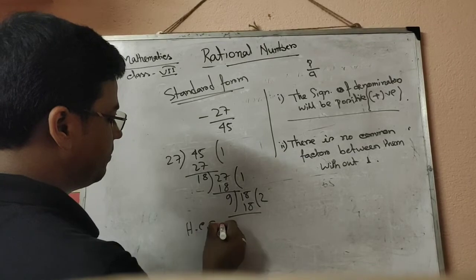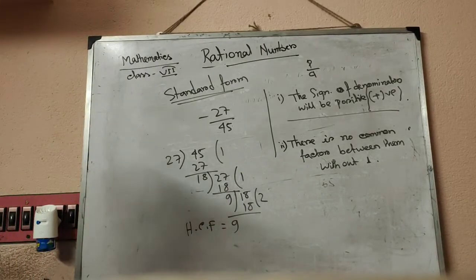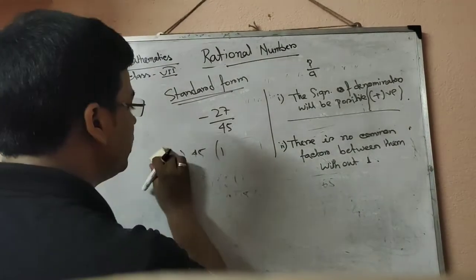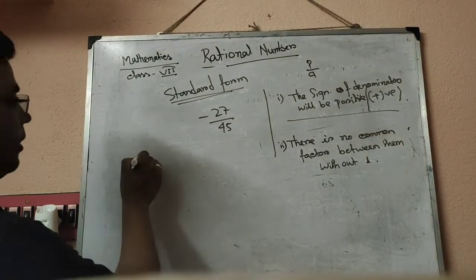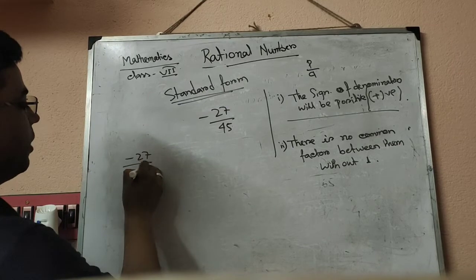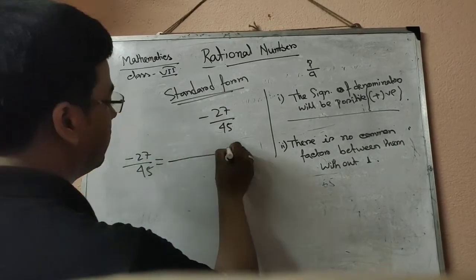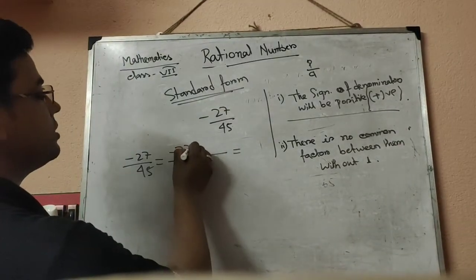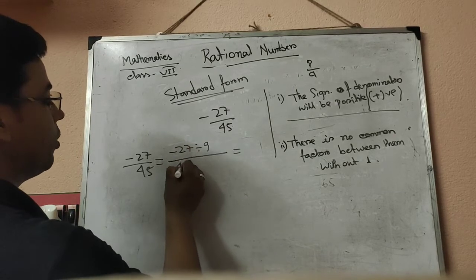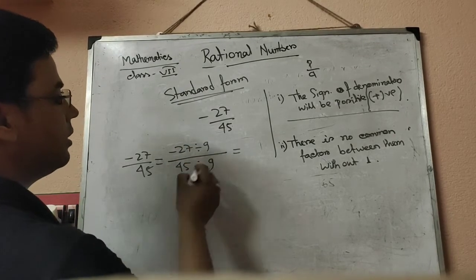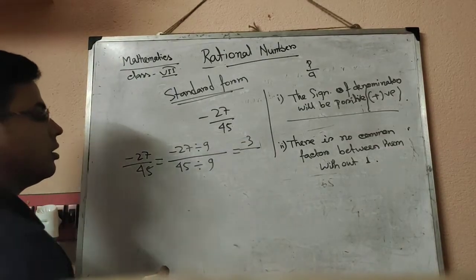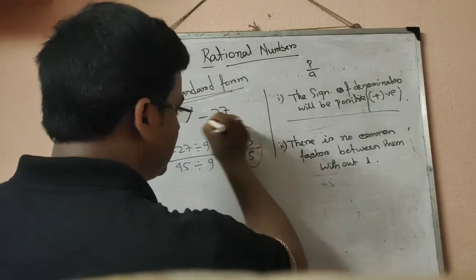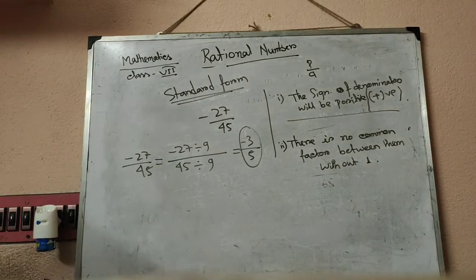Their HCF is 9. So numerator and denominator will be divided by 9. Minus 27 by 45 equals minus 3 by 5. This is the standard form of minus 27 by 45.